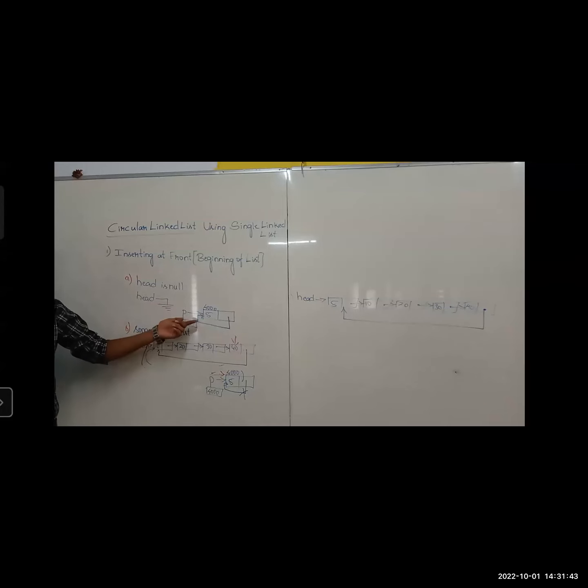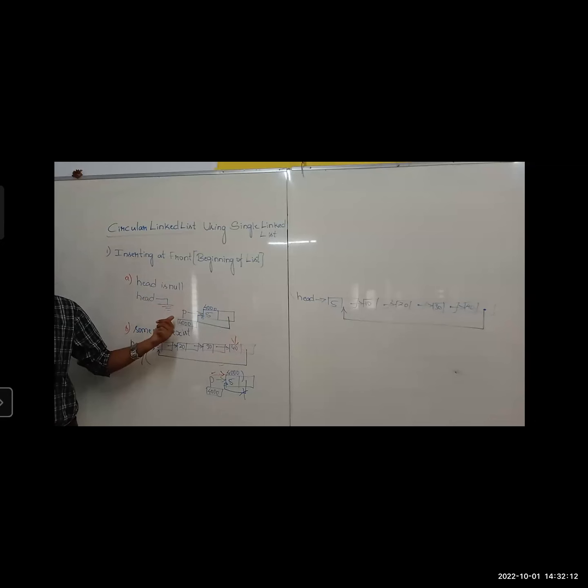I am only informing P node's link. P node, whichever is there, its link should be pointing to P only. If I insert this here, now head is pointing to P, you assume. Where is head's link pointing? To the same place where head is pointing, or P is pointing, because head also will point to here only, right? Now, your compiler doesn't know that. What I'm informing is, if the linked list is there, it will be like this. If it is not there, it will be like this.